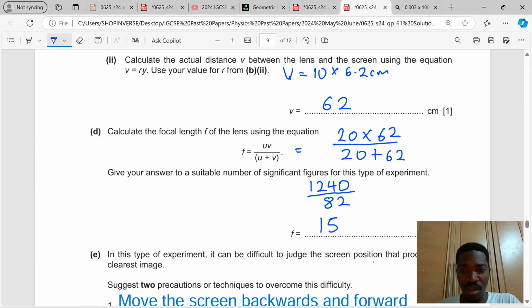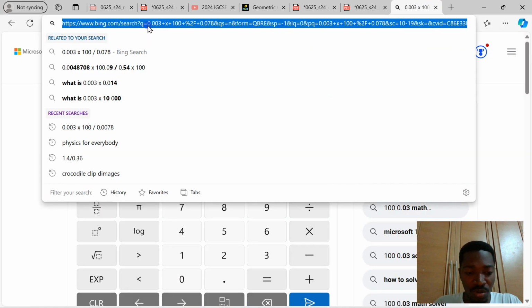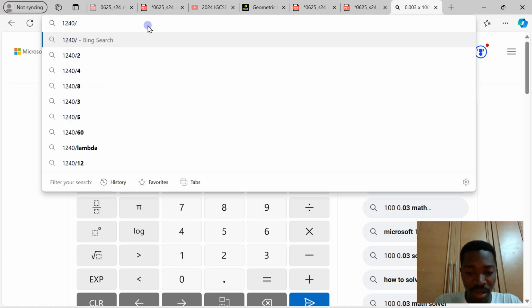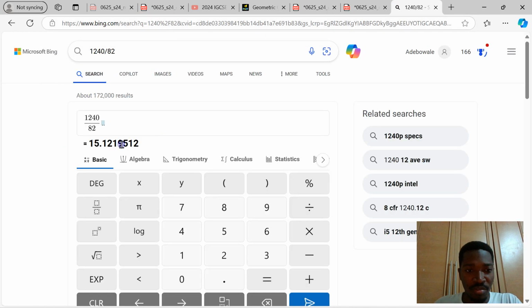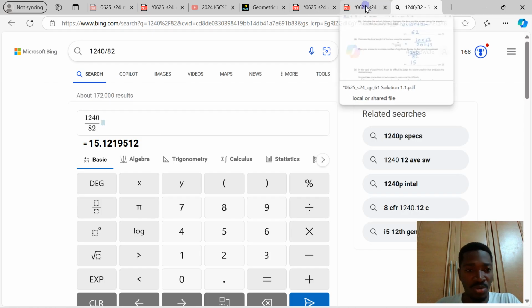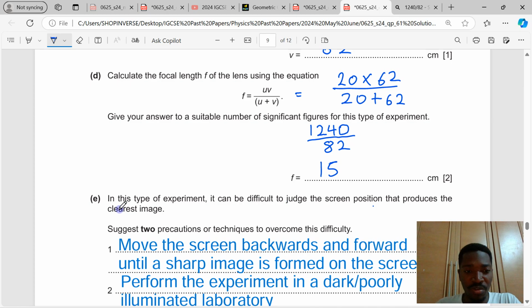So just substitute those values: 20 times 62 divided by 20 plus 62. 20 times 62 gives us 1240. 20 plus 62 gives us 82. 1240 divided by 82 gives 15.12. Written to two significant figures, the focal length is 15 centimeters.